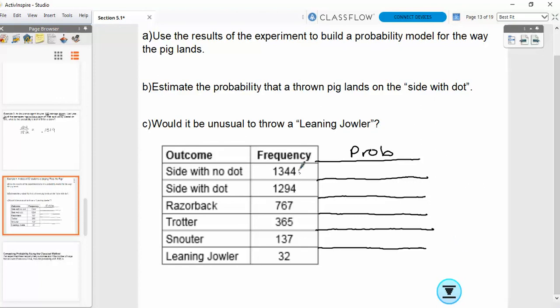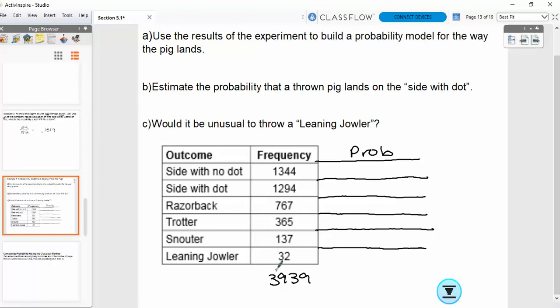We have to first get our total, right? I didn't tell you how many times we rolled. So we have to add all these up to get our grand total. Okay, so then to get each individual probability, what would you do? Yep, the frequency divided by this.